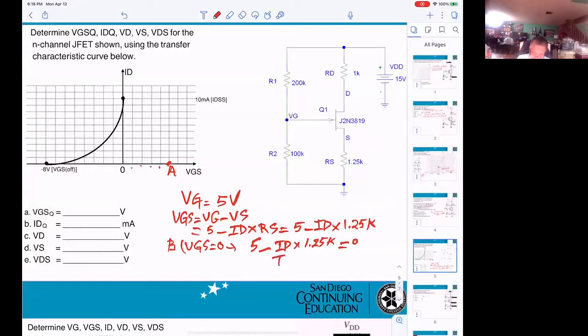And that will give you ID equals 5 divided by 1.25, you get 4 milliamps. So now you get ID equal 4 for point B. 1, 2, 3, 4 right here. Then you can draw the line.